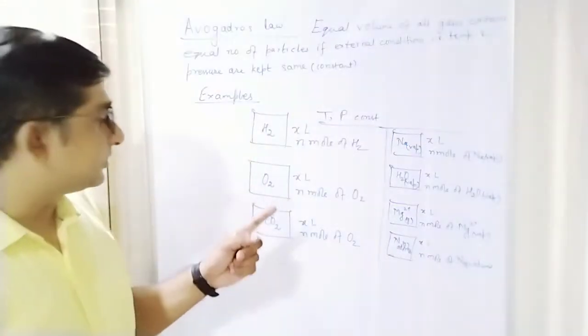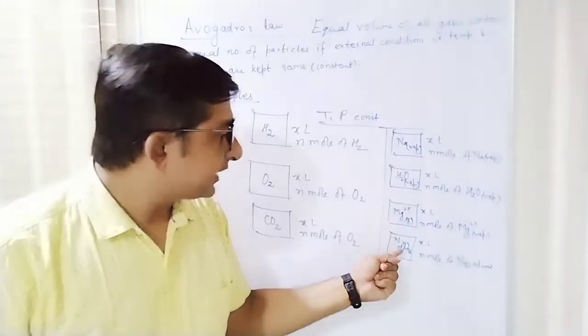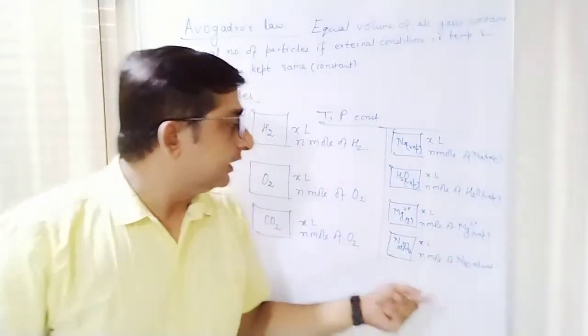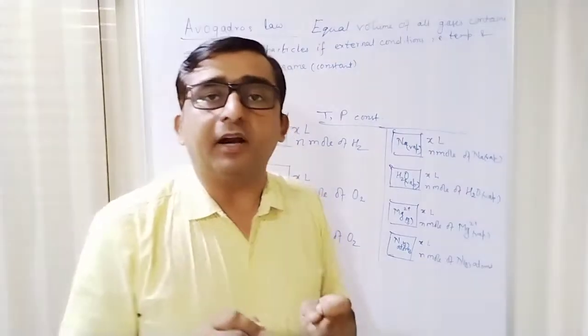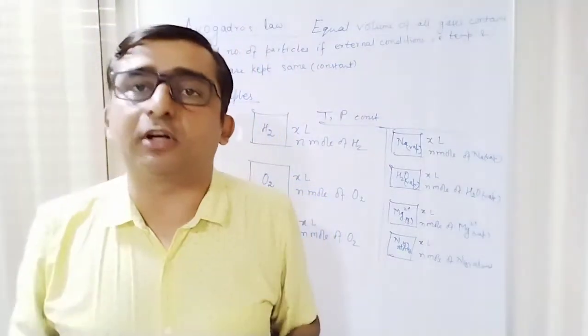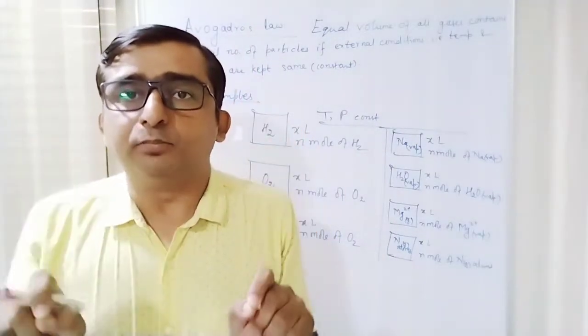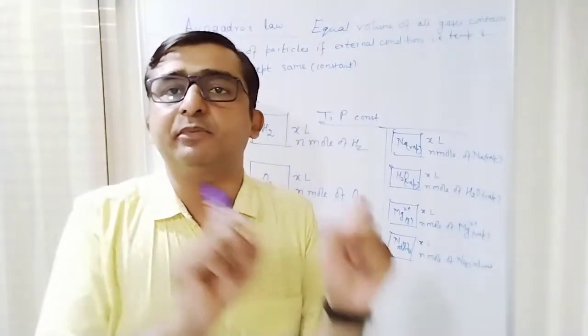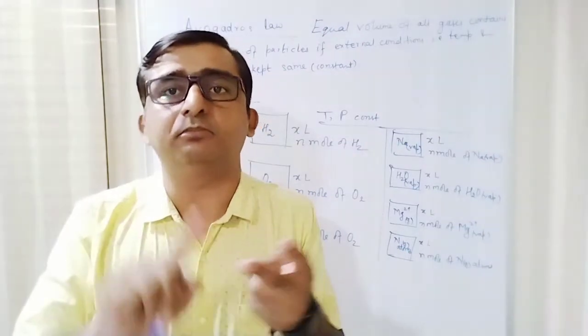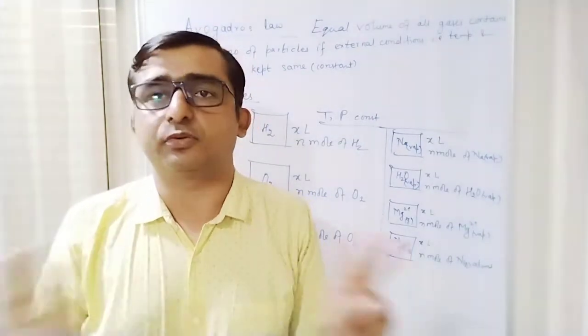Nitrogen gas is a different thing, N2 will be a different thing, and nitrogen atom is a different thing. So it doesn't matter whether it is atom, molecule or ion, but if you are taking the same number of moles, or you can say the same volume of the container, it will contain the same number of particles. Whether it is atom, molecule or ion does not matter.